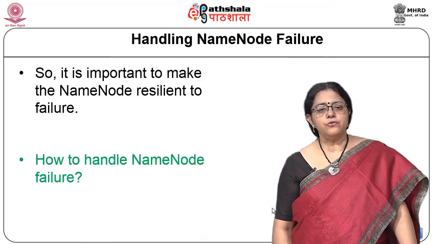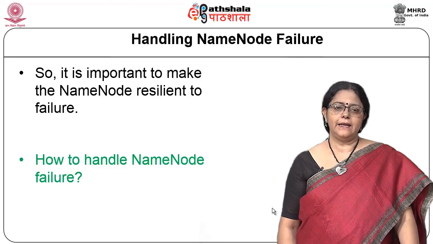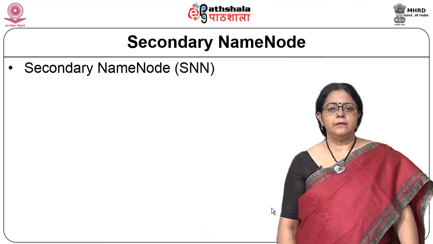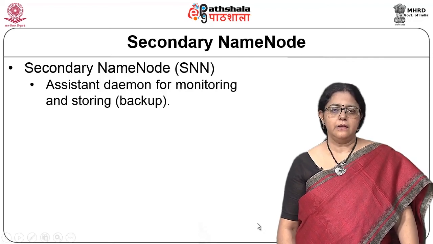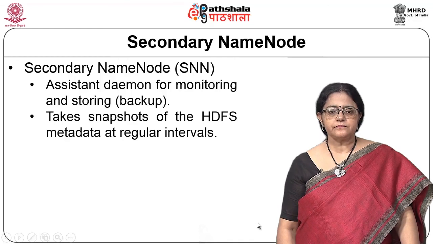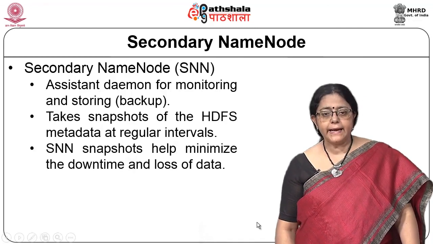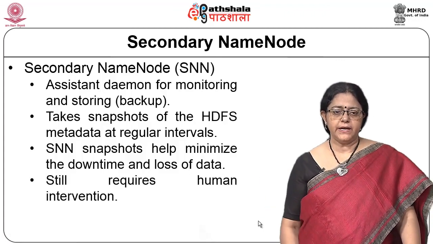So, how do we handle name node failure? That is where our secondary name node comes in. The secondary name node will be running in the background, monitoring and storing. It will create a necessary backup. So, it will take the snapshot and create a new snapshot of the environment.